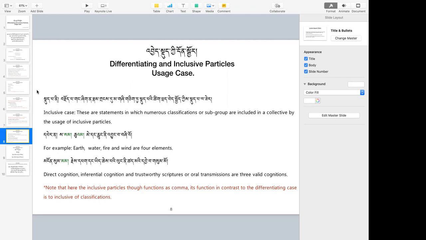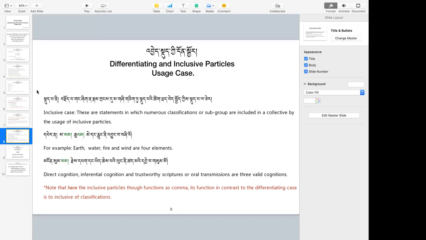Okay, so these are the usage cases of the differentiating and inclusive particles. The first is the differentiating usage case, in which the particular statement should fulfill two criteria. First, the statement should differentiate a collective into different subgroups.